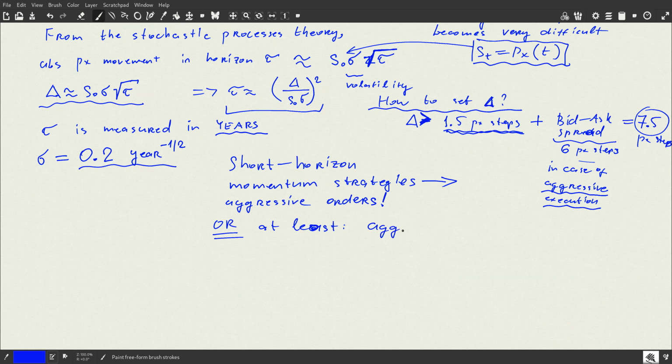Aggressive order in order to enter your position at T0, and passive order at T0 plus 2. At this point, you're really in a rush to jump on a trend.